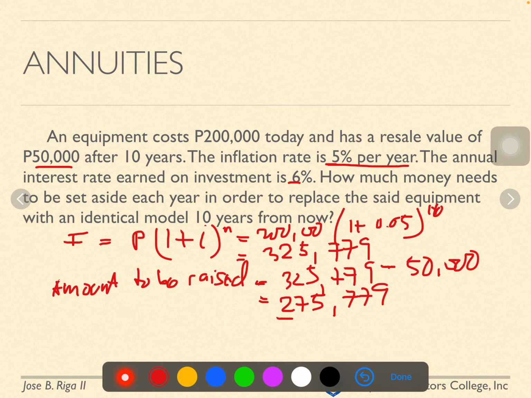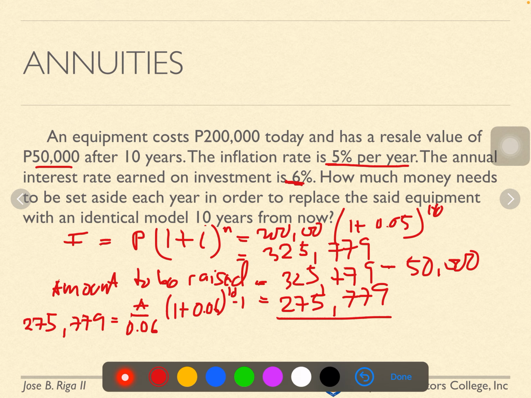This is our basis: the future value 275,779 equals A over i, where the interest earned annually is 6%, so 0.06, times (1 plus 0.06) to the power of 10 minus 1. So that's our formula.